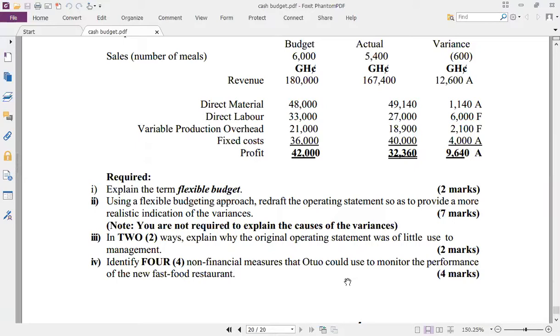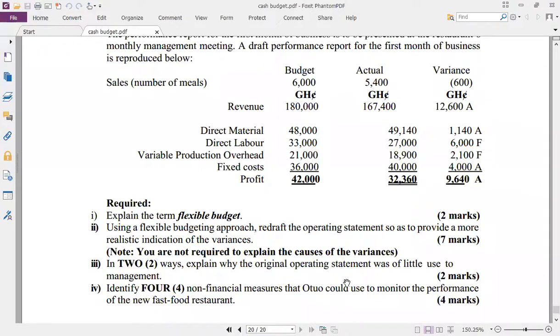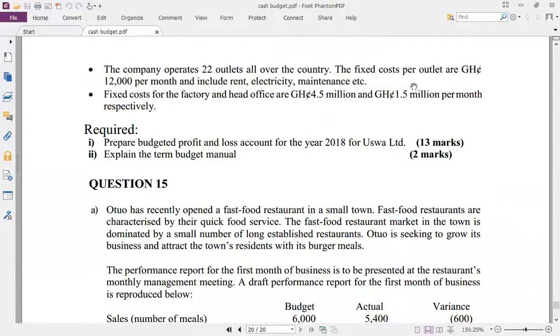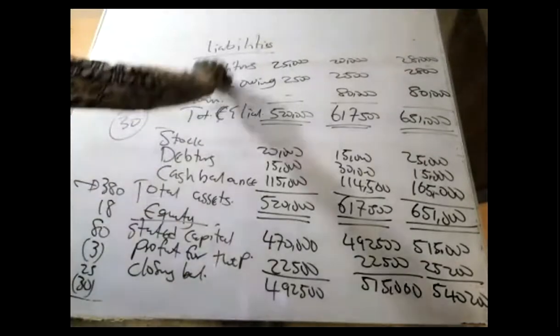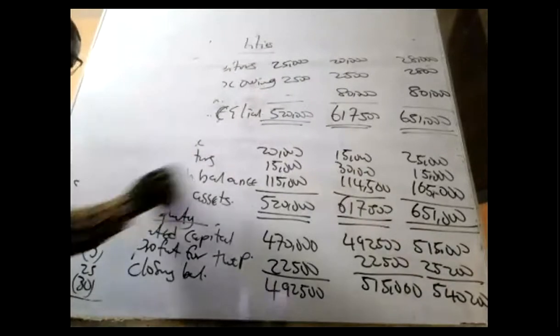Let's go. I will write just a few points on it, and then you complete this class, and that will be the end of budgets.